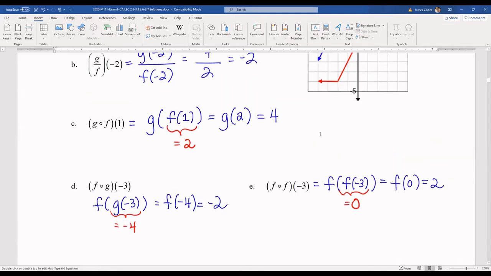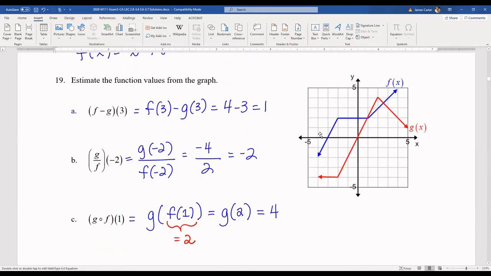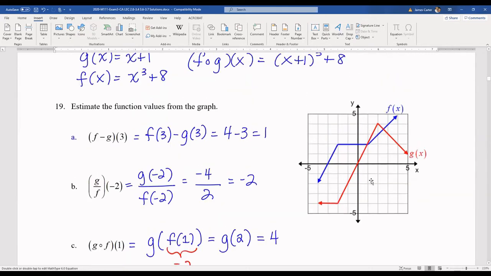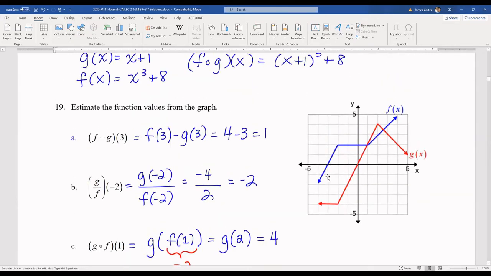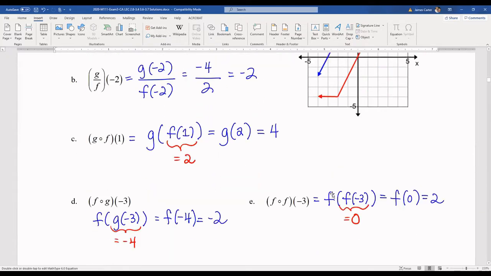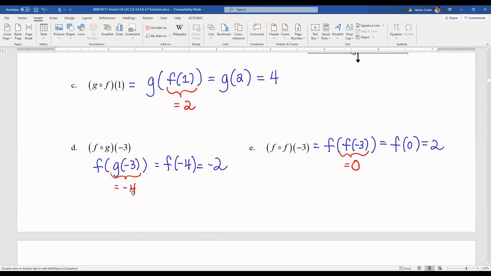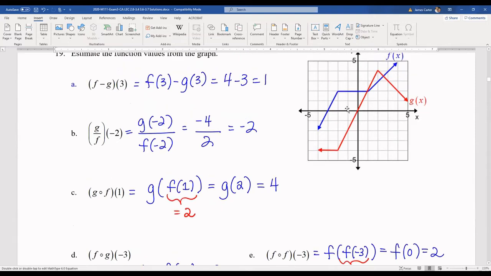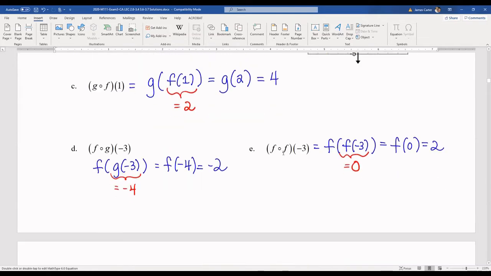Then we take g of negative 3, 1, 2, 3, and go down, which is negative 4. Then we take f of negative 4, 1, 2, 3, 4 on the f equation, which would be negative 2.